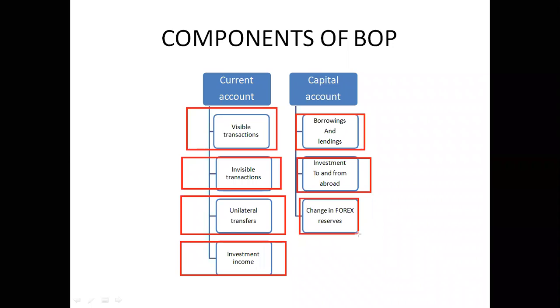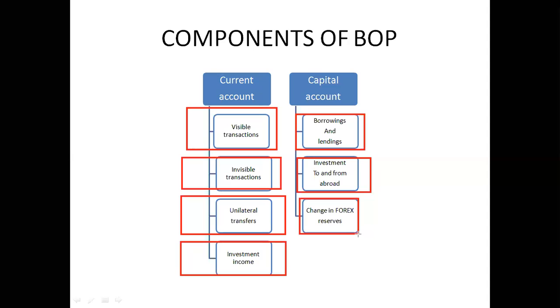So these are the components of BOP, current account and capital account, and further these parts are the components of current account and capital account कि इनके अंदर क्या क्या लिखा जाता है. तो बस वो 4 इकोनॉमिक मेजर ट्रांजैक्शंस याद रखो, स्ट्रक्चर ऑफ बीओपी याद रखो, उसी के बेसिस पे समझ में आ गया कि करंट में क्या जाएगा, कैपिटल में क्या जाएगा.